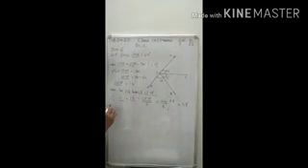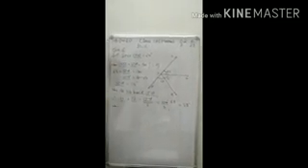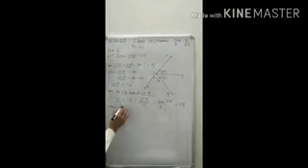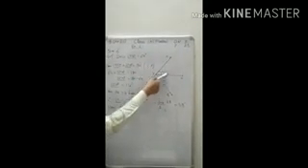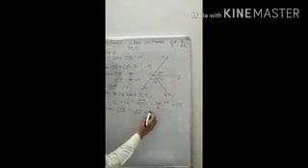Friend, now you have to find the measure of angle XYQ. So you write the same: angle XYQ. XYQ is made up of these two angles, that is angle XYZ plus angle 1.